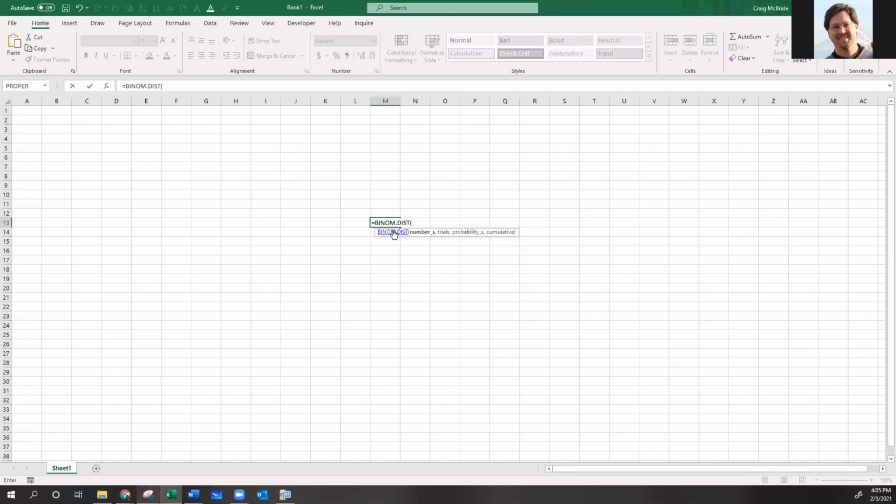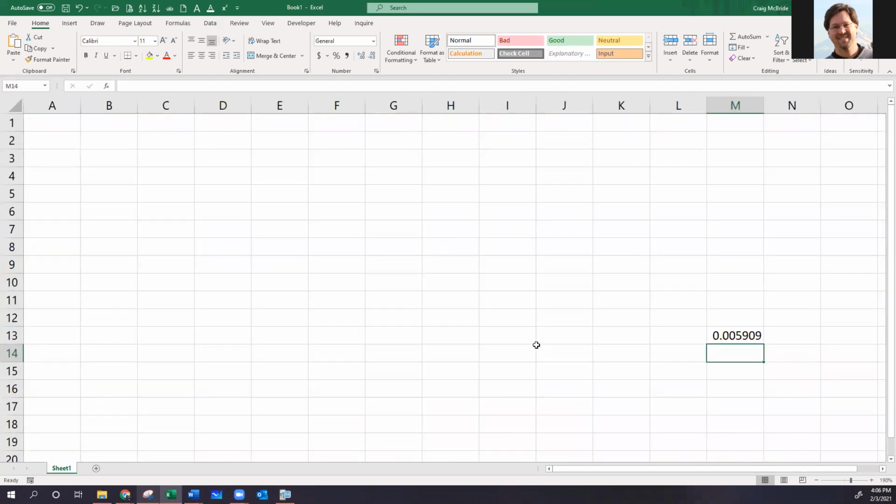So if we're less than 5, we want to go up to and including 4, comma, our trials is 20, comma, the probability is 0.5, comma, true, because we do want the cumulative, because we want everything less than or equal to 4, because that's what gives us strictly less than 5. And there's that same number, 0.0059.